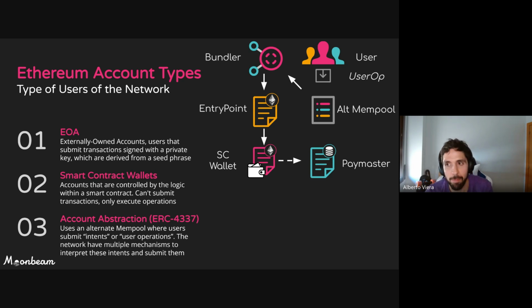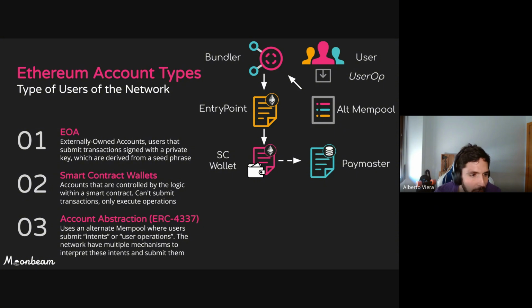Okay. The difference here is now that the user will never have to submit a transaction to interact with the smart contract wallet. They just submit an intent. And then there's a really complex mechanism in which now you have a paymaster. A paymaster is a contract which is optional that can reimburse the bundler for the transactions of the user. This is really cool because you can have sponsored transactions.